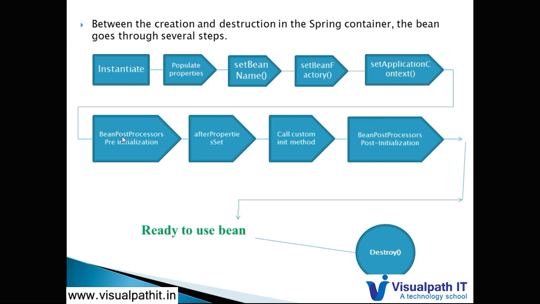Then comes the bean post processor pre-initialization. After property set, calling the custom init method and bean post processors post initialization. Lastly the ready to use bean, which will later be destroyed by using the destroy method. So this is the entire life cycle of a bean. Hope this diagram helps you for easier understanding of the bean life cycle.